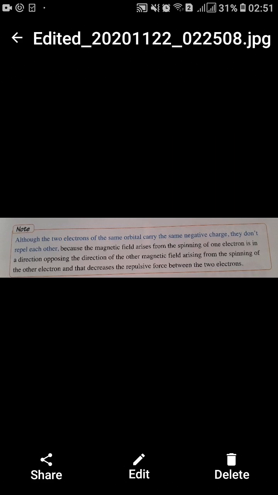This is due to the magnetic field that arises from the spinning motion of these electrons, which are in opposite directions. So this reduces the repulsion force between them. Just reduces it.